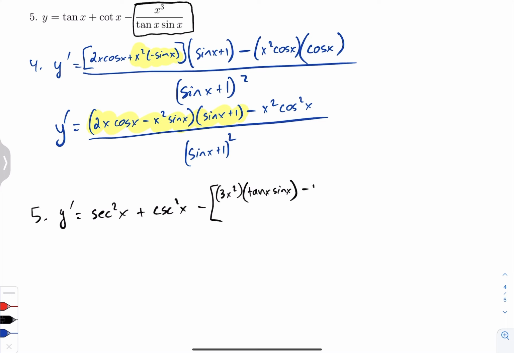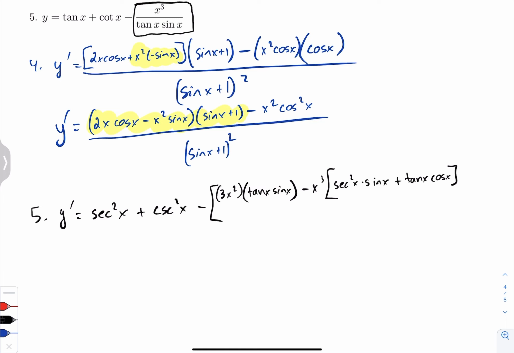minus the numerator times the derivative of the denominator, and the denominator is itself a product, so we need to use the product rule to get the derivative of tangent of x sine of x. So the derivative of the first factor, the derivative of tangent, is secant squared of x times the second plus the first factor times the derivative of the second factor, so cosine of x.